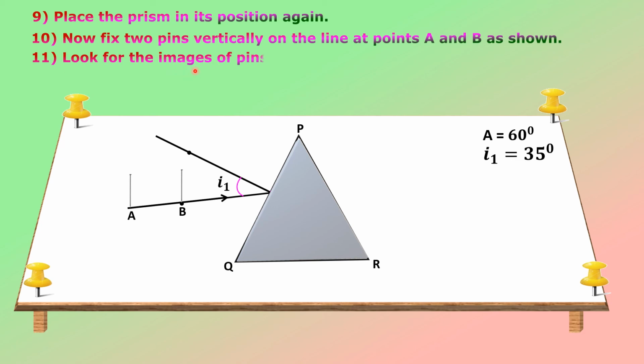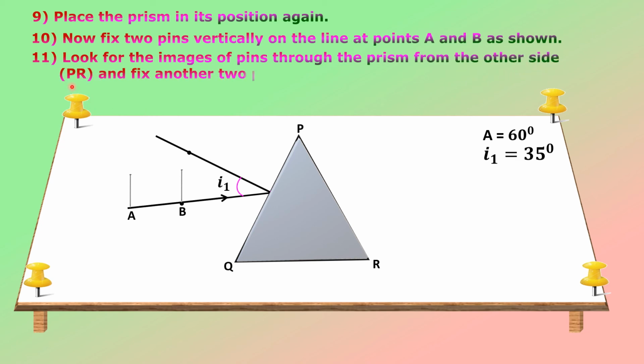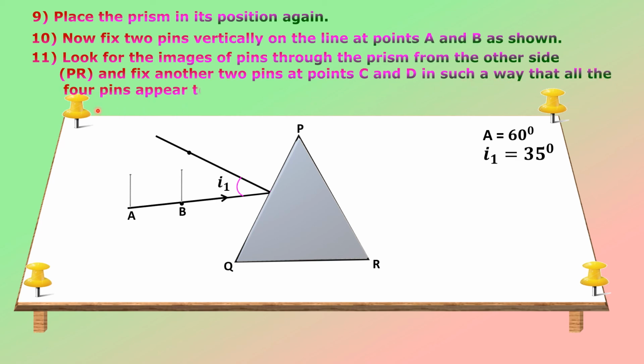Look for the images of pins through the prism from the other side PR and fix another two pins at points C and D in such a way that all the four pins appear to lie along the same straight line.